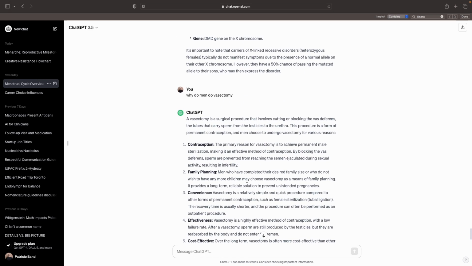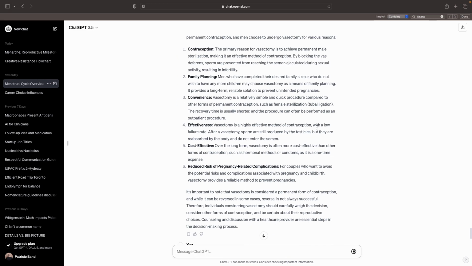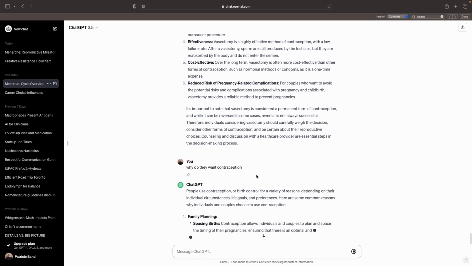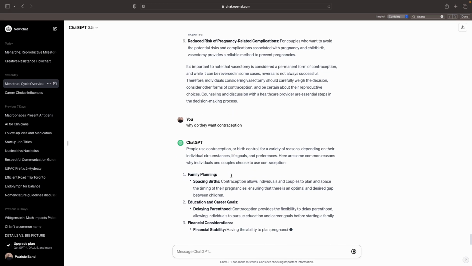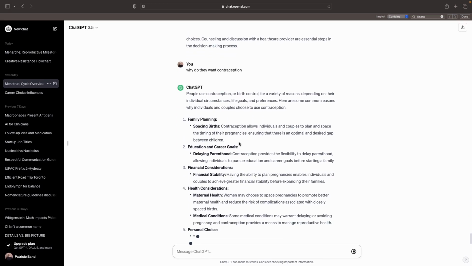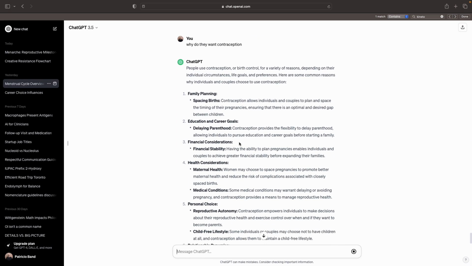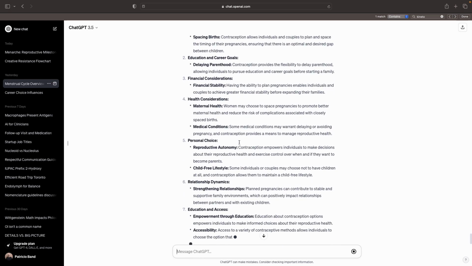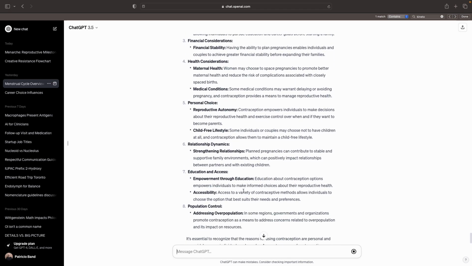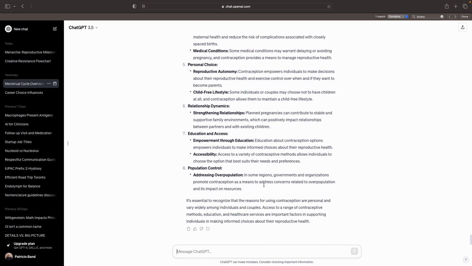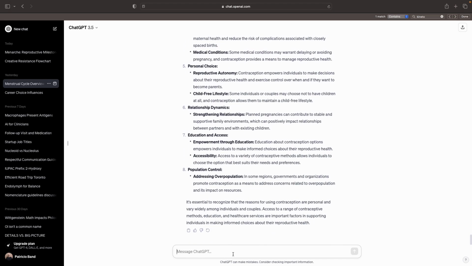But why? Is it due to disease? Why do they want contraception? People use contraceptives for spacing births, delaying parenthood, maternal health, strengthening relationships. Okay, is it all like psychological? Like it's for relationships? I thought it's for disease.